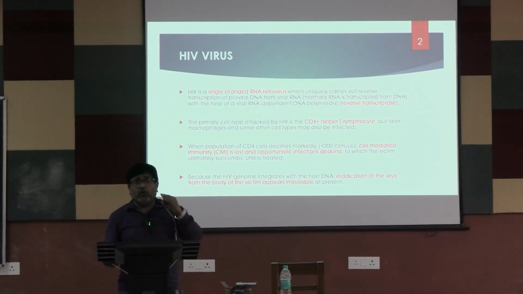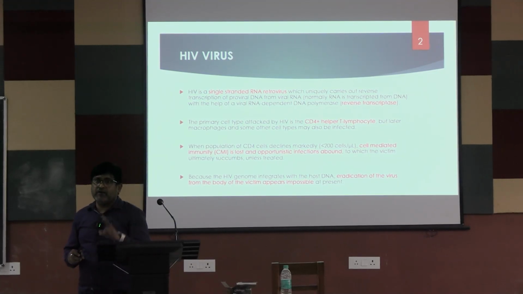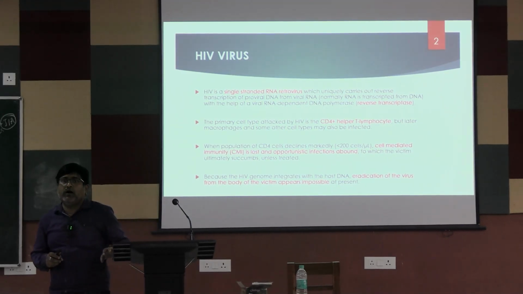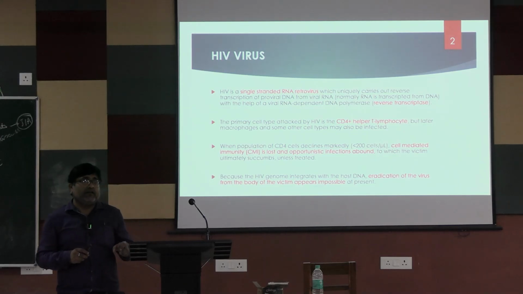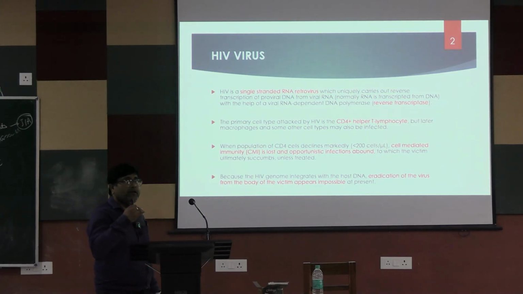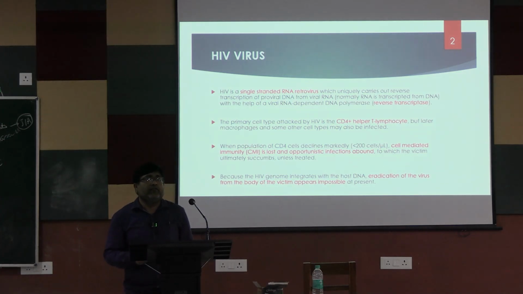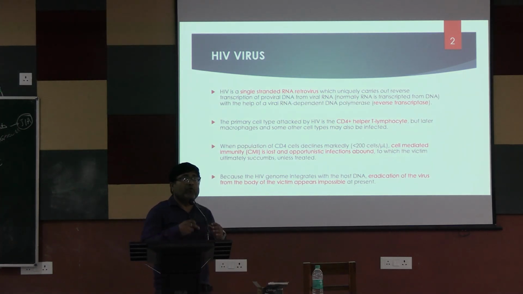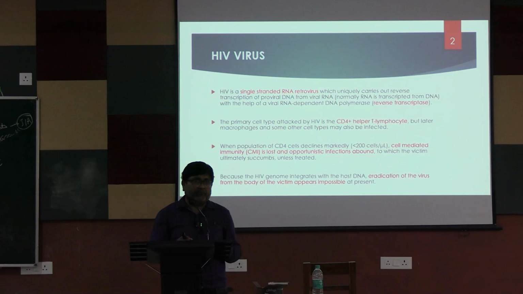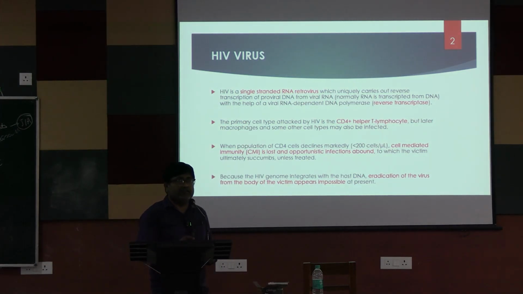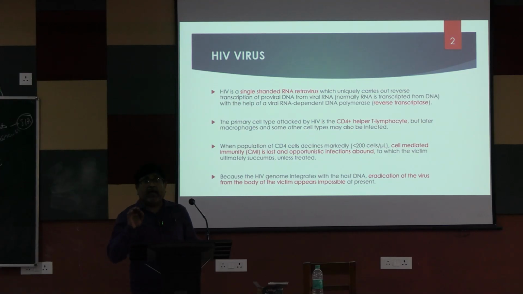When the count falls below the critical level, less than 200 per cc, cell mediated immunity decreases and the person infected with HIV is prone to opportunistic infections like pneumocystis carinii pneumonia, CMV retinitis and others. Hence this patient gradually succumbs to death from these opportunistic infections.